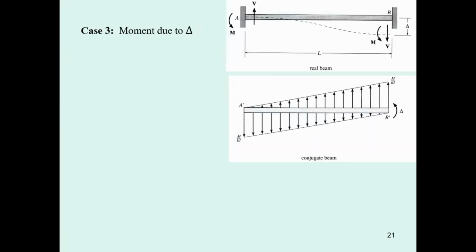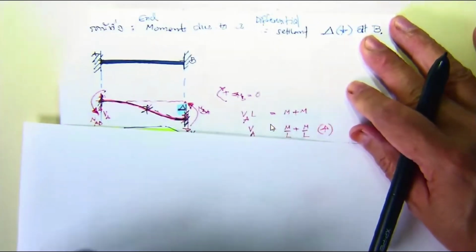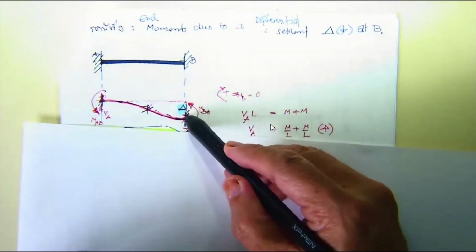Now, come to the third one. We're going to determine end moment due to the differential settlement over here. Again, let me switch you to a more detailed calculation. Based upon that, we have the beam, and the member of the beam has this kind of differential settlement.